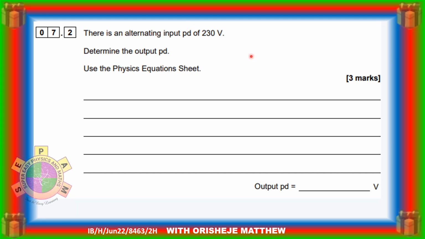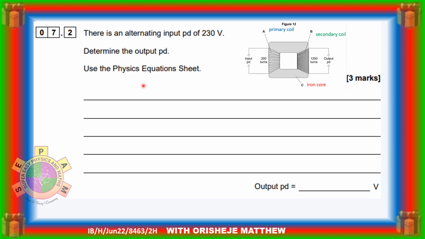So when we do that, you remember that we have the ratio of the potential difference at the secondary coil divided by the PD across the primary, which will give you the same ratio as the number of turns in the coil. So if you divide the number of turns in the secondary coil by the number of turns in the primary coil, it will give you the same ratio.